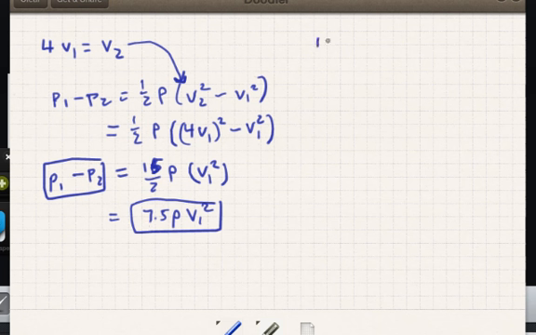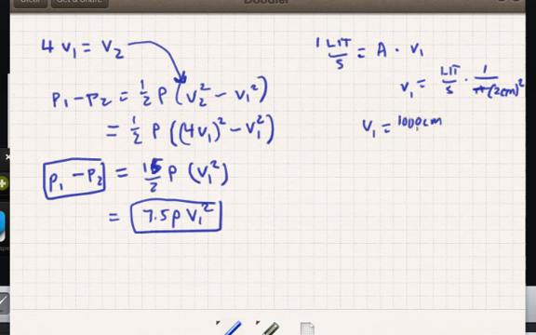So we know that 1 liter per second, our volumetric flow rate, is the area times V1. So V1 equals 1 liter per second times 1 over pi times 2 centimeters squared. So roughly V1 equals 1 liter, which is 1,000 centimeters cubed per second, times 1 over pi times 4 centimeters squared.